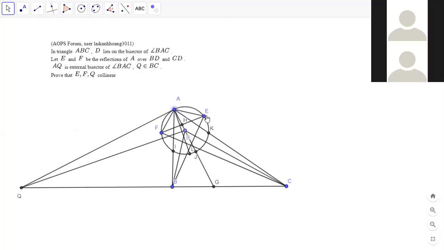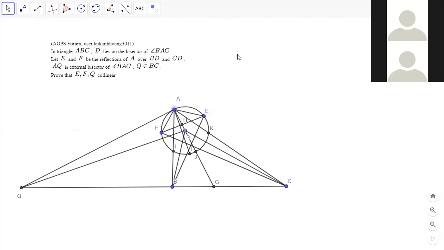Project onto the circle. So if you project through the circle, I'm trying to see so I understand.